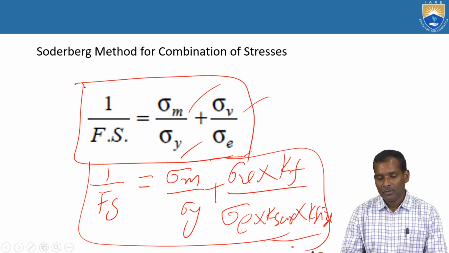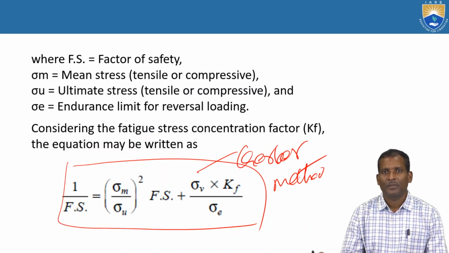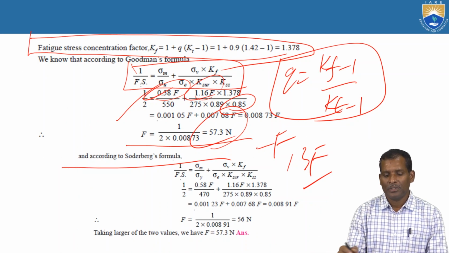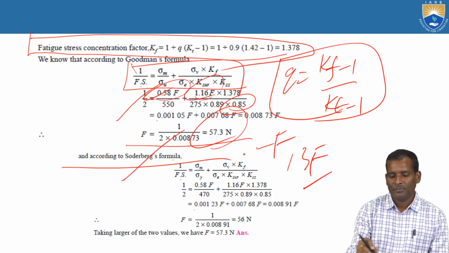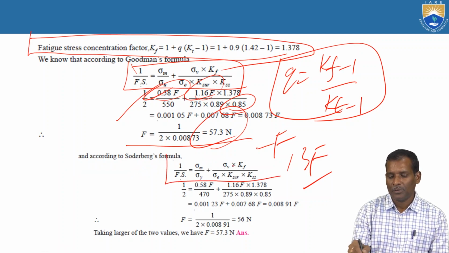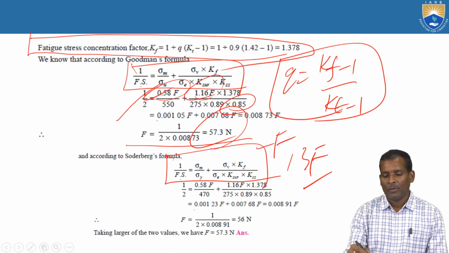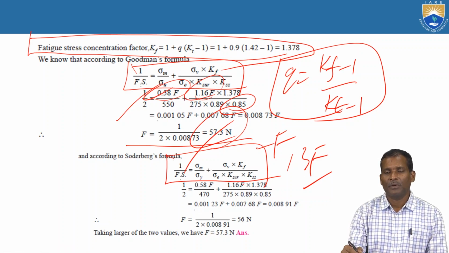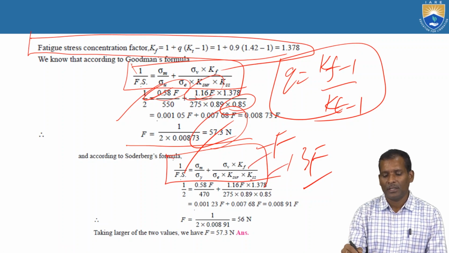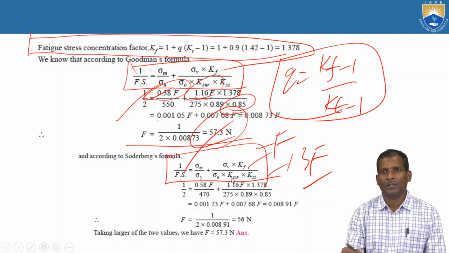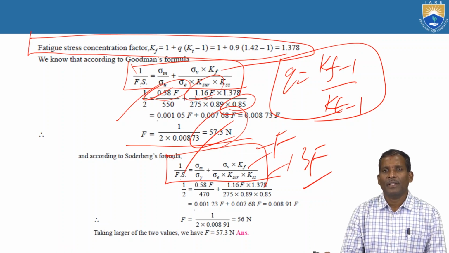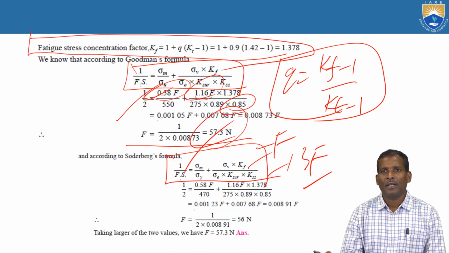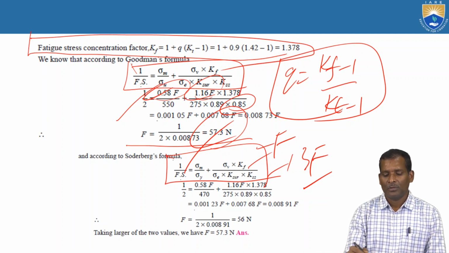Here also the unknown value is F. So by using the Soderberg formula, once again write down 1 by factor of safety is equal to sigma m by sigma y plus sigma v by sigma e, with the theoretical stress concentration factor for fatigue loading, surface finish factor and size factor. Now substitute those values.